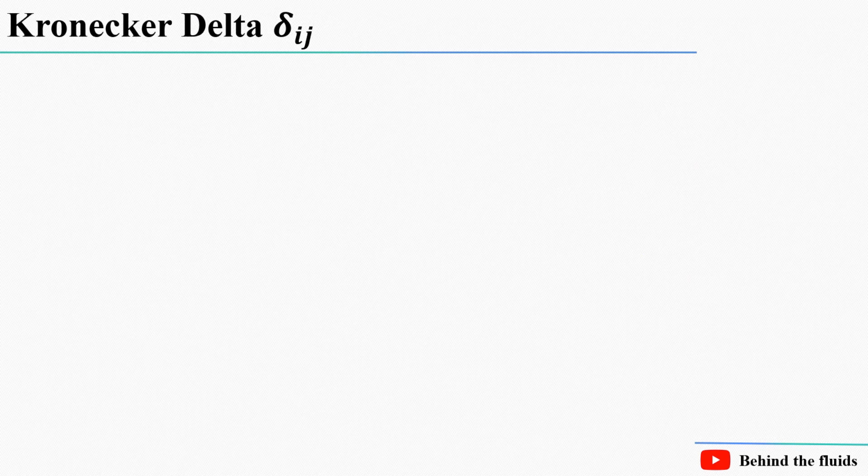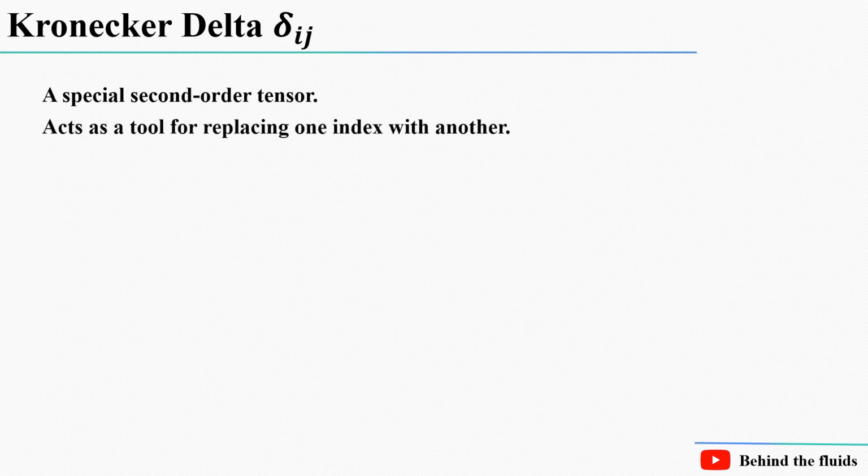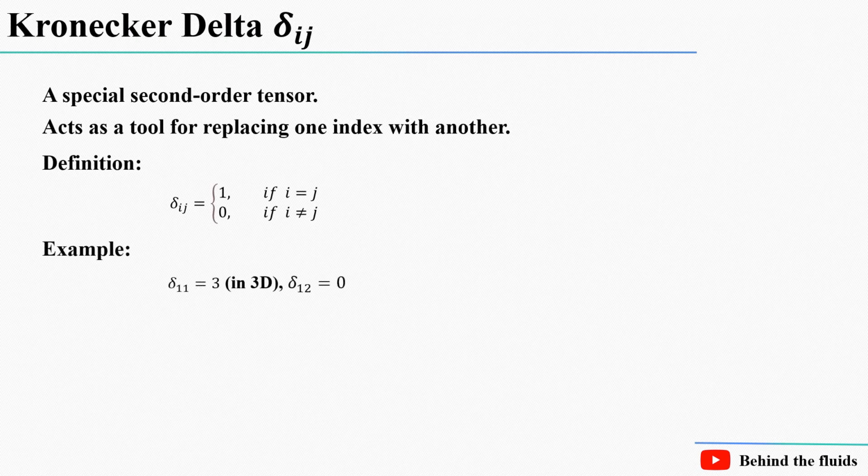Next, let's introduce a very useful tool in tensor algebra and ESN, the Kronecker delta, denoted by delta_ij. This is a special second-order tensor that essentially acts like an index replacer. It's defined as being equal to 1 when two indices are the same and 0 when they are different. For example, delta_11 is 1, while delta_12 is 0.